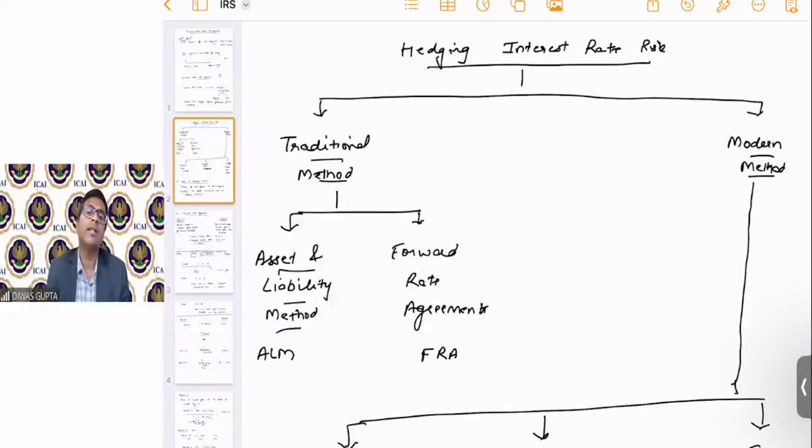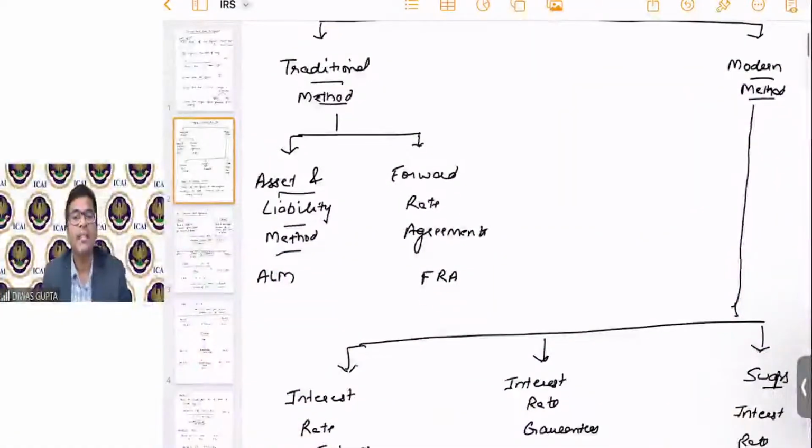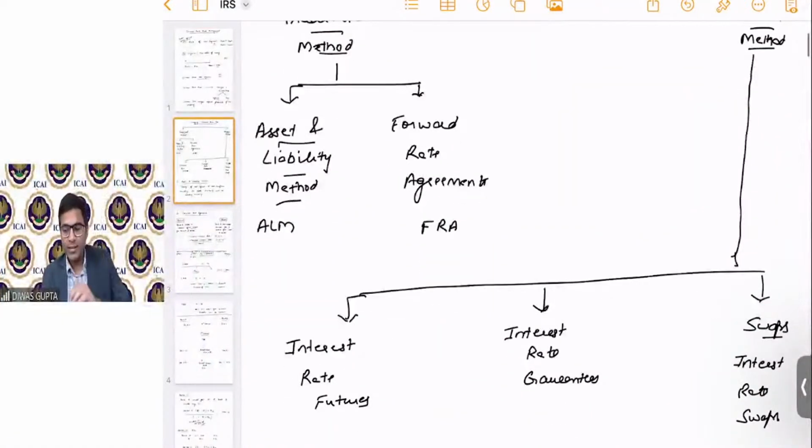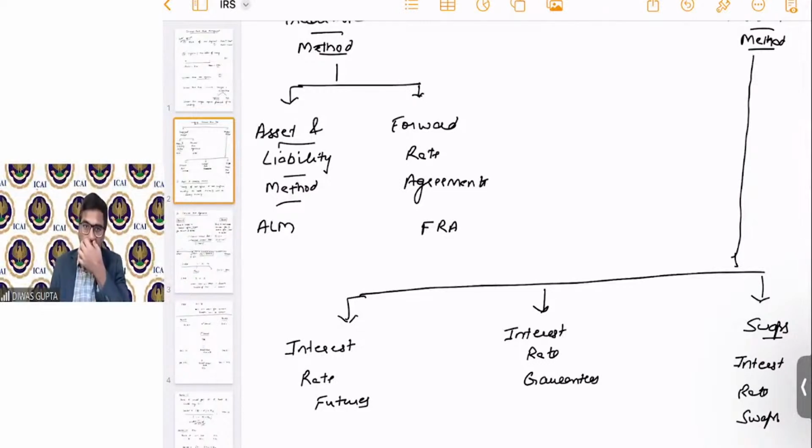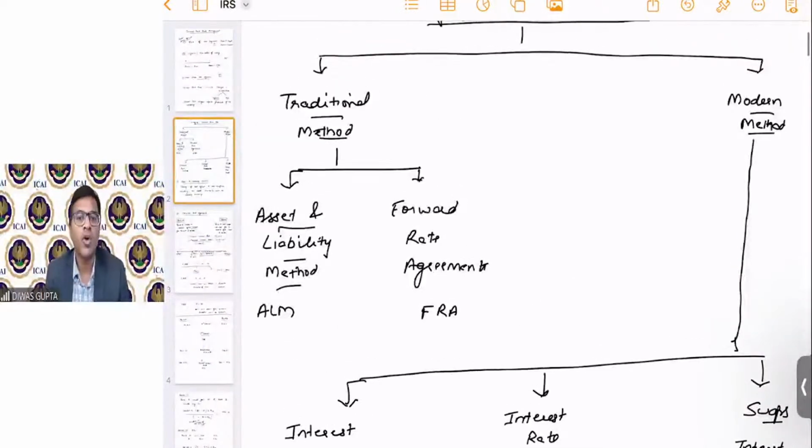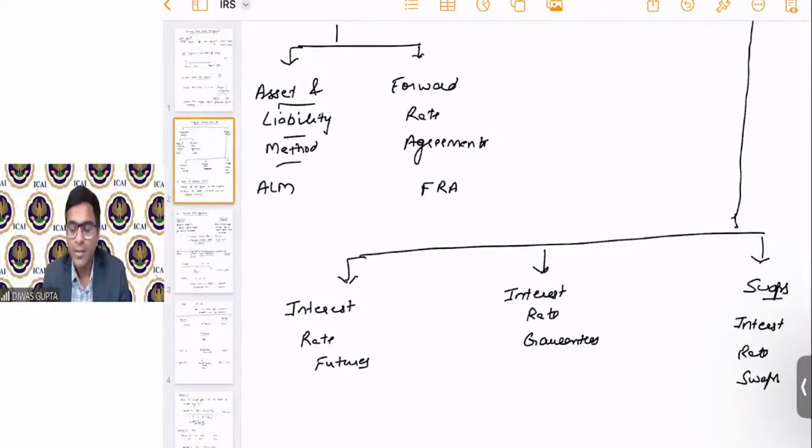To avoid such P&L exposure, we have to hedge our interest rate risk. For that, we said that there are 5 techniques, 2 in traditional and 3 in modern. The 2 traditional techniques were ALM method, asset liability method, forward rate agreements, interest rate futures, interest rate guarantees, and swaps.